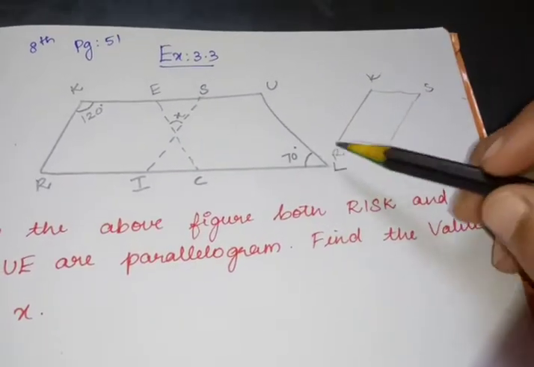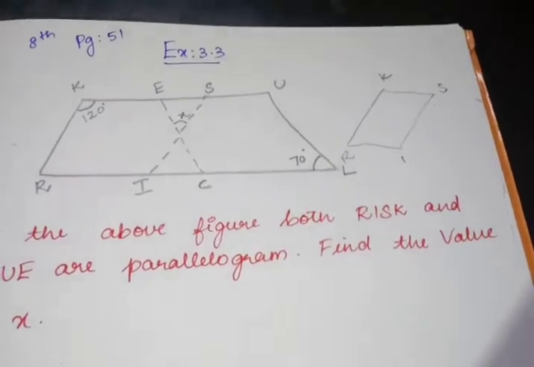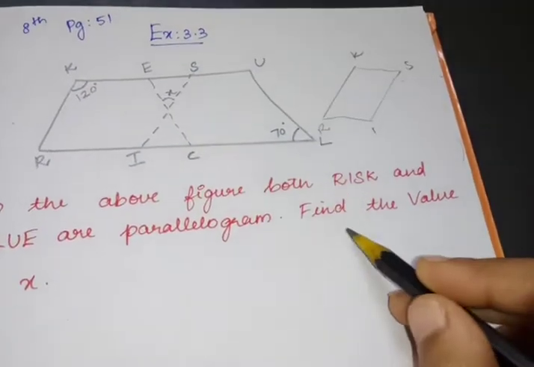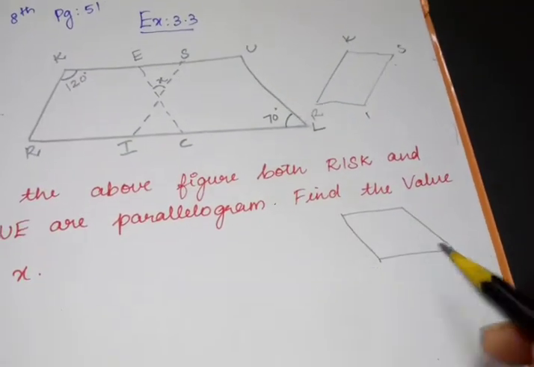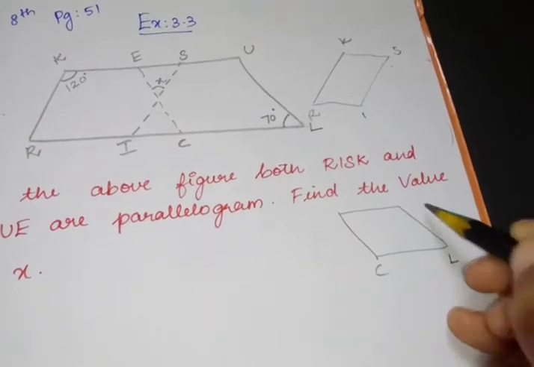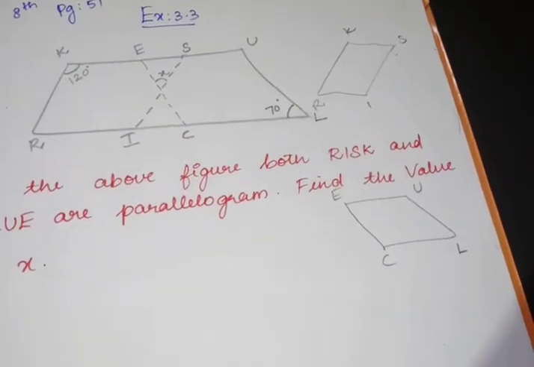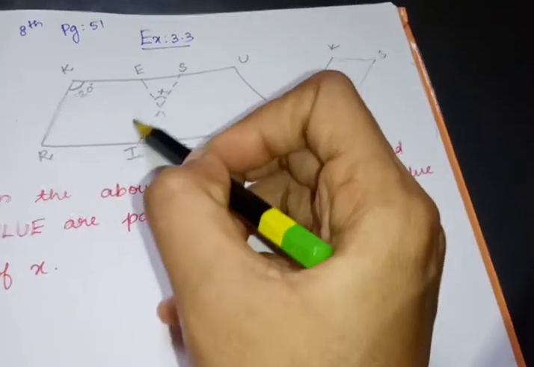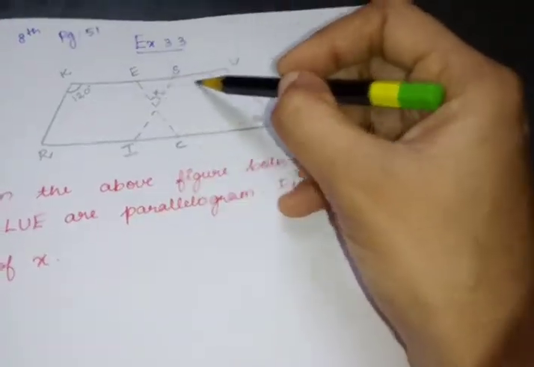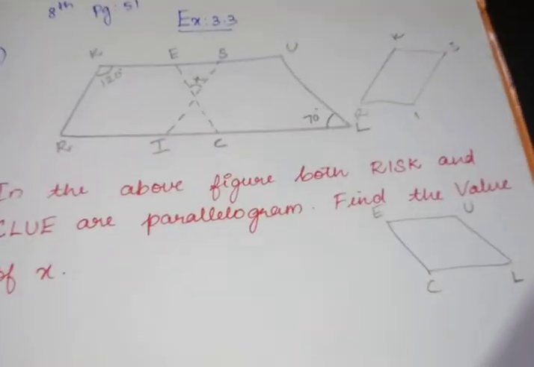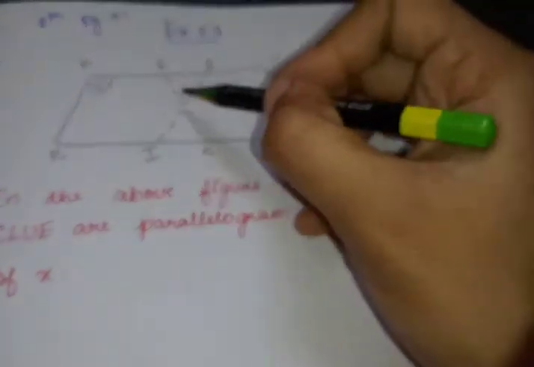RISK is a parallelogram. Then here, like this it is looking. So what is this? CLUE is a parallelogram. Then they said that this is one parallelogram and this is one parallelogram, and we are going to find the value of x.